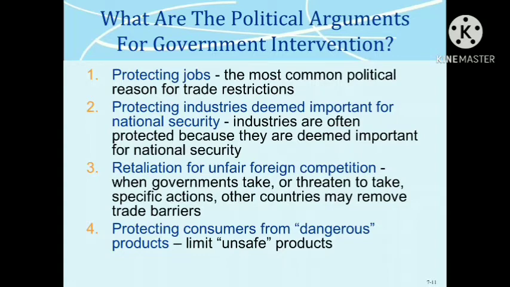Next is to protect industries deemed important for national security. So countries sometimes argue that it is necessary to protect certain industries because they are really important for national security. Let's say defense related industries often get this kind of attention, like aerospace, advanced electronics, semiconductors, and so on.